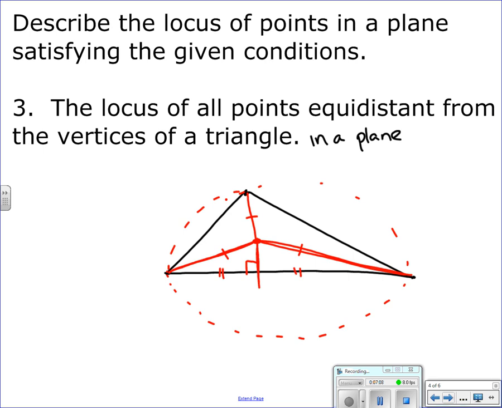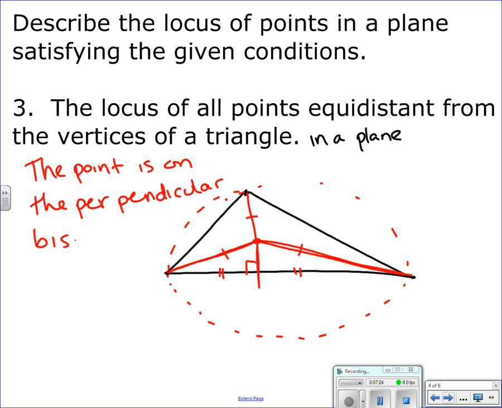So the point is on the perpendicular bisector, or I should say the locus of points is the intersection of the perpendicular bisectors of the three sides.